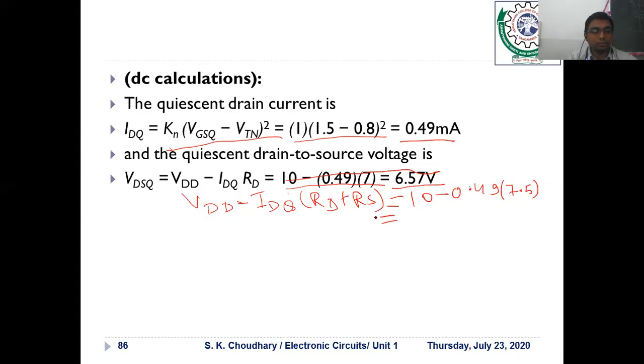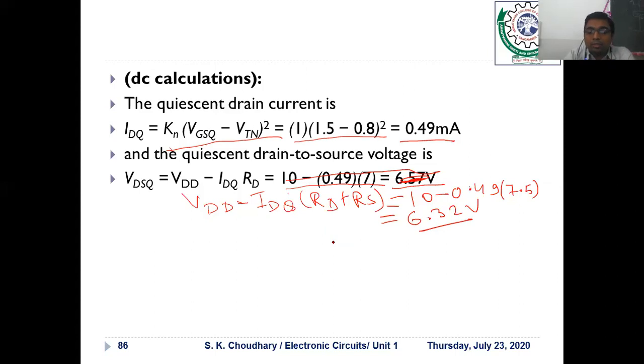So what value is coming? 6.32. Yes, correct. 6.32 volt. Okay, correct this value. It is wrong. I have missed this RS. 6.32 volt is the VDSQ.